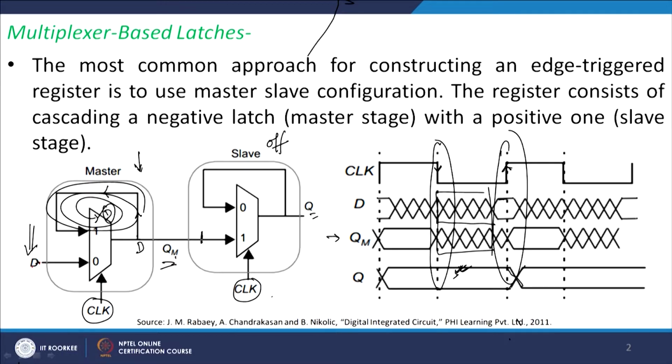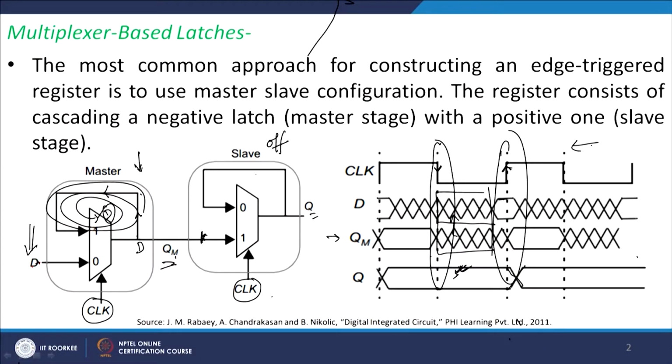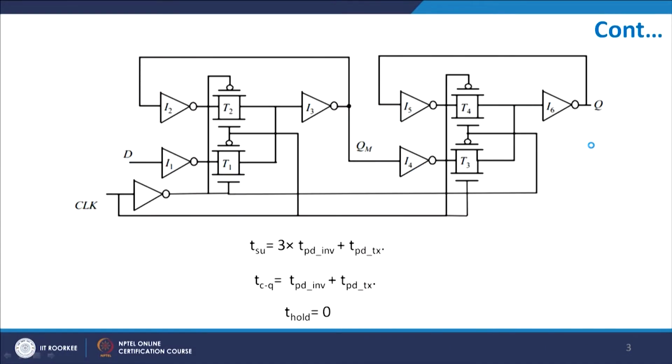The last value of QM will be latched at this point, and when the clock goes from 0 to 1, that value will be entered into this place and the Q will be stored here. So this is basically a negative edge triggered master and a positive edge triggered slave configuration, and this is the diagram which is quite common and used very often.